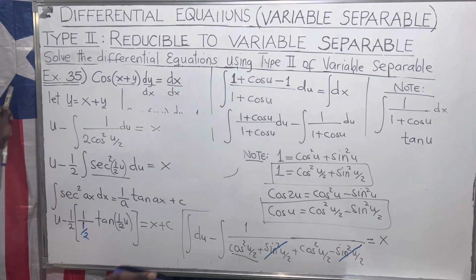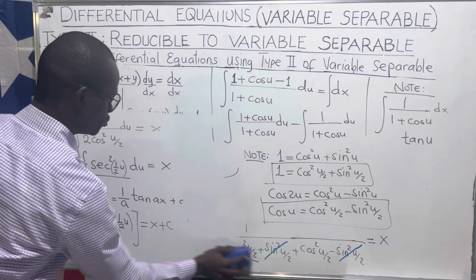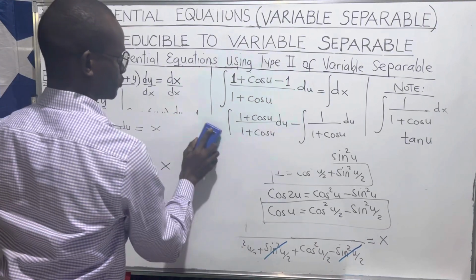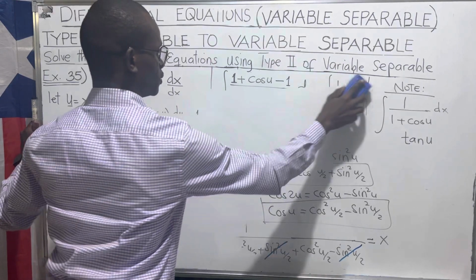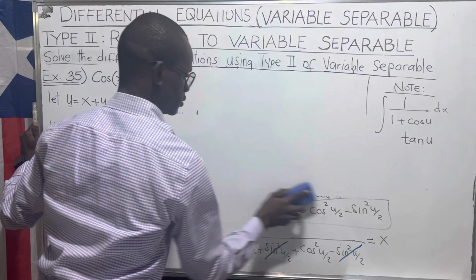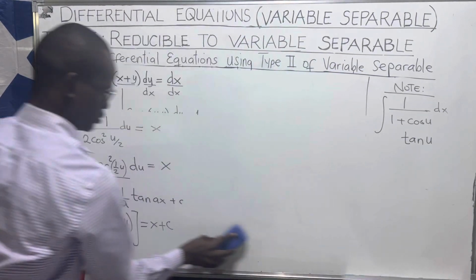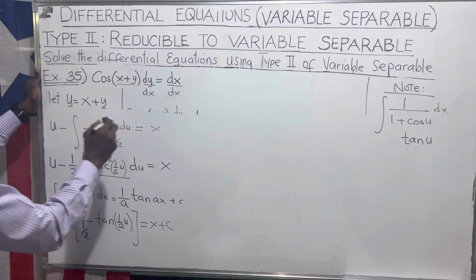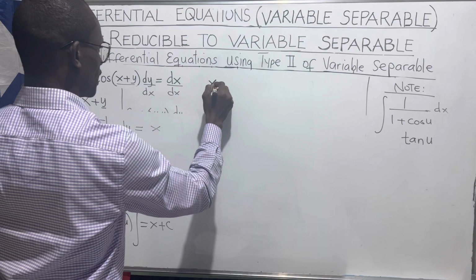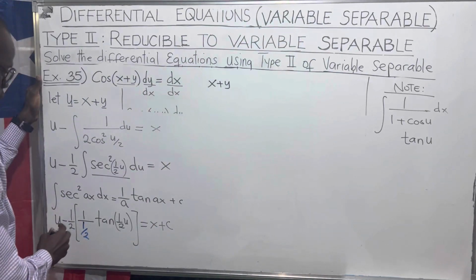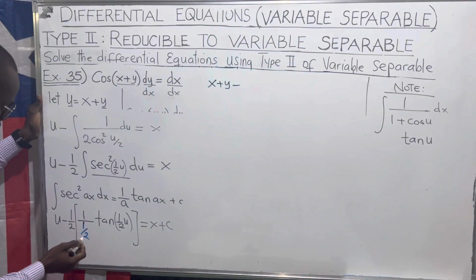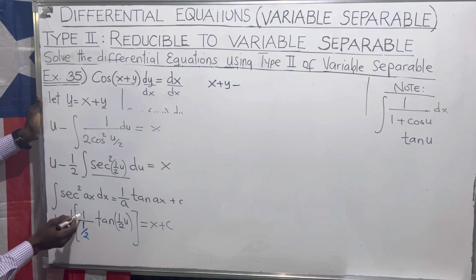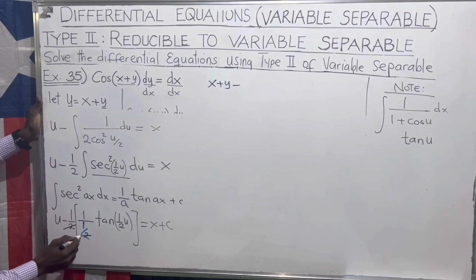So we just simplify now and bring in the value of u, and then we are done. What was u? From the beginning, u was x plus y. So x plus y is our u, minus, now this 2, if it comes into the numerator, this 2 and this 2 will cancel.